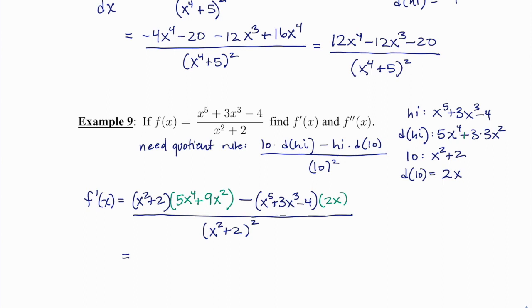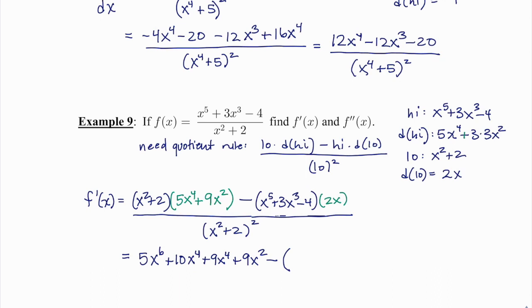So on the first group in the numerator, I need to FOIL. So I've got 5x to the sixth plus 10x to the fourth plus 9x to the fourth plus 9x squared. And in the second group, I'm really just distributing that 2x. So minus, I'm going to distribute the subtraction after I distribute the 2x.